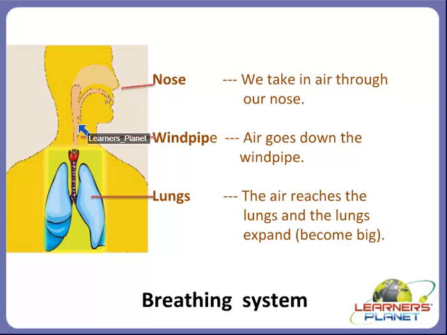Then that air goes down the windpipe. Then it goes into the lungs and our lungs expand. That means the lungs become big. And after that, we exhale carbon dioxide. Okay, children, so this is our breathing system.